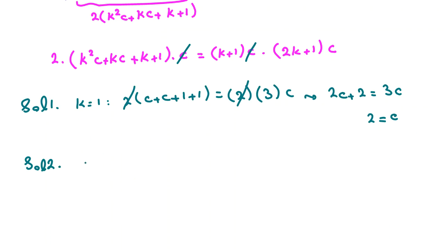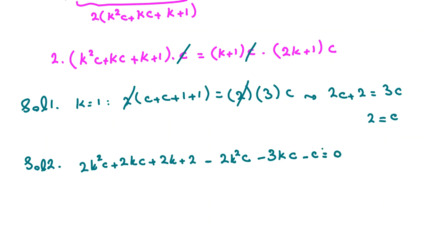You can take all things to one side and say, okay, 2k squared c plus 2kc plus 2k plus 2, minus, you take these things to the left hand side, k times 2k squared c, and then k plus 2k, 3kc, minus 3kc, 1 times c minus c equal to 0.